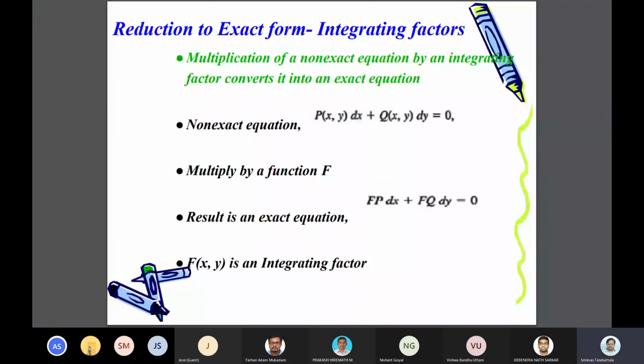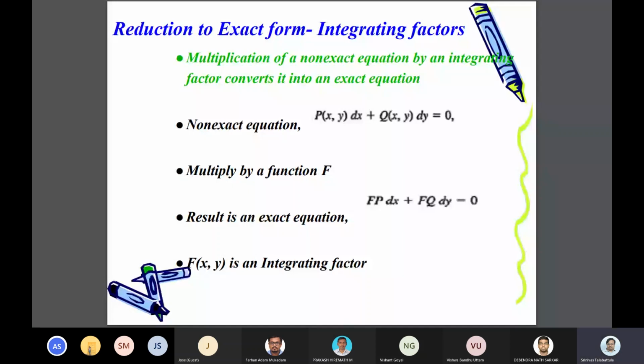Reducing. See, it may not be possible to express in the form of u of x comma y. So if you have, instead of m and n, I have defined that they can become exact. If there are some arbitrary p and q, both functions of x comma y, you can put them in the exact form, like what we defined in the previous slide.